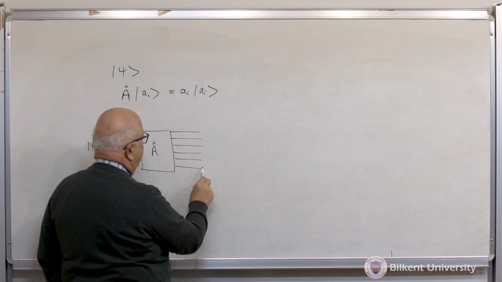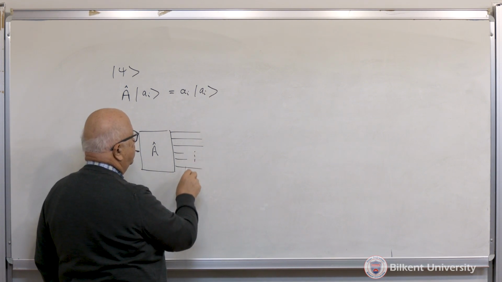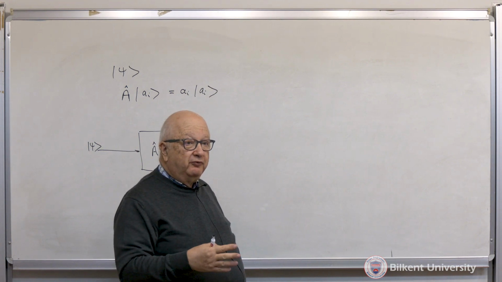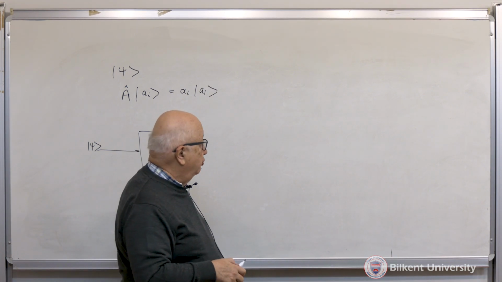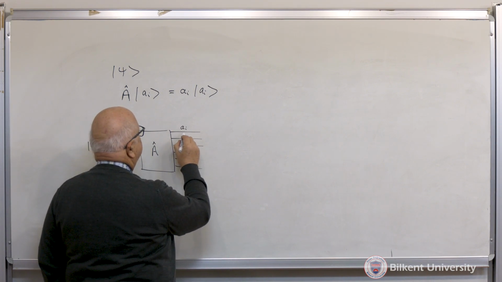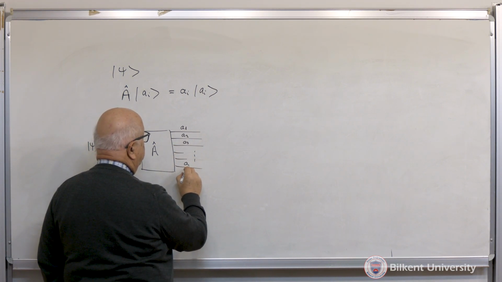I am drawing these lines here, but of course this could represent a continuum also. If it's a measurement of position or momentum, for example, then it will be a continuum. But in any case, the result that I get is going to be one of these eigenvalues, A1, A2, A3, etc., up to possibly AN.